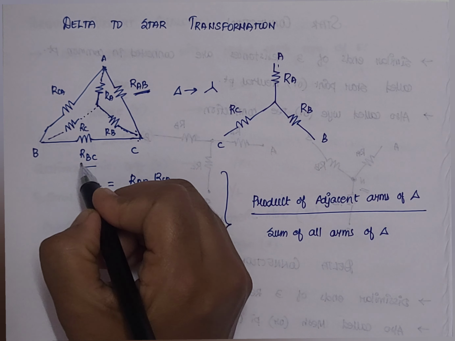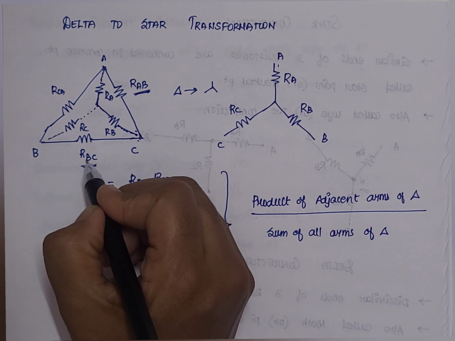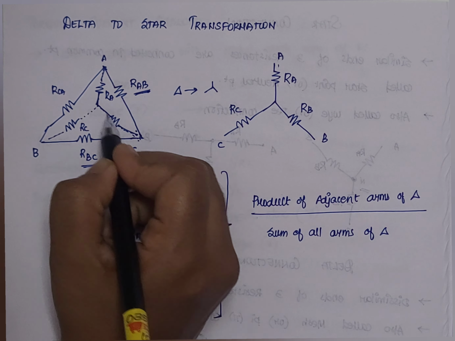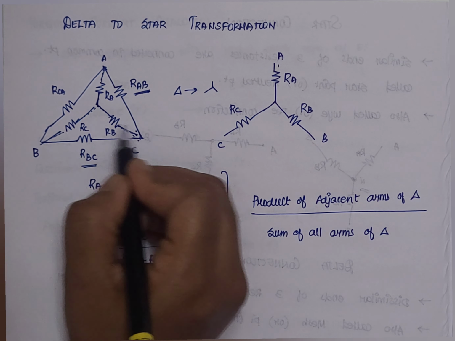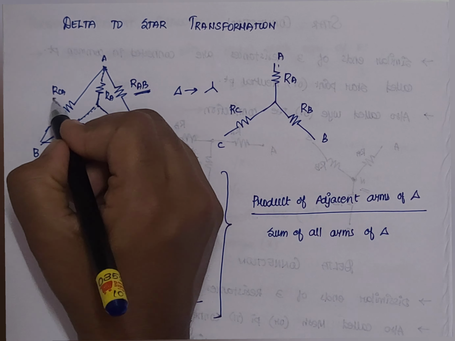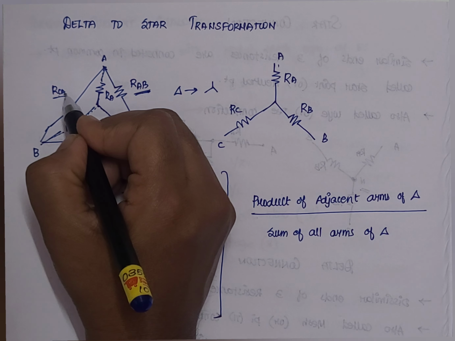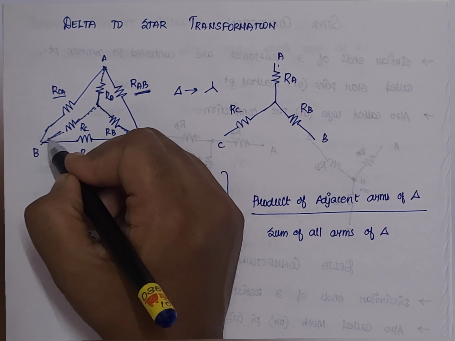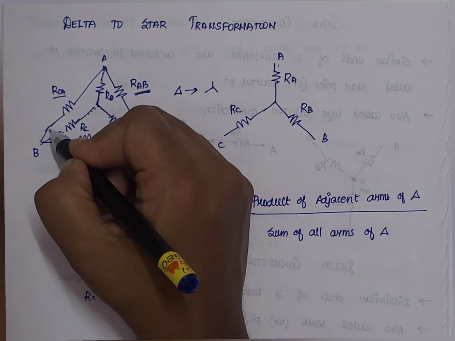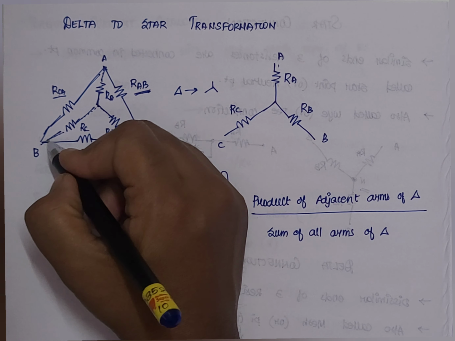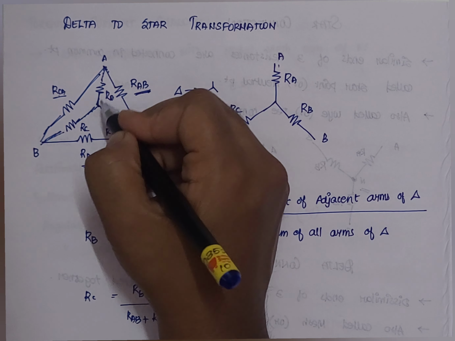Next, similarly for RBC, we will have both the RB resistor and the RC resistor, forming this structure. Next, for RCA, we should include the RC and RA resistors. RC is here, RA is here. The entire RCA, the single resistor here, will be separated as RC and RA.